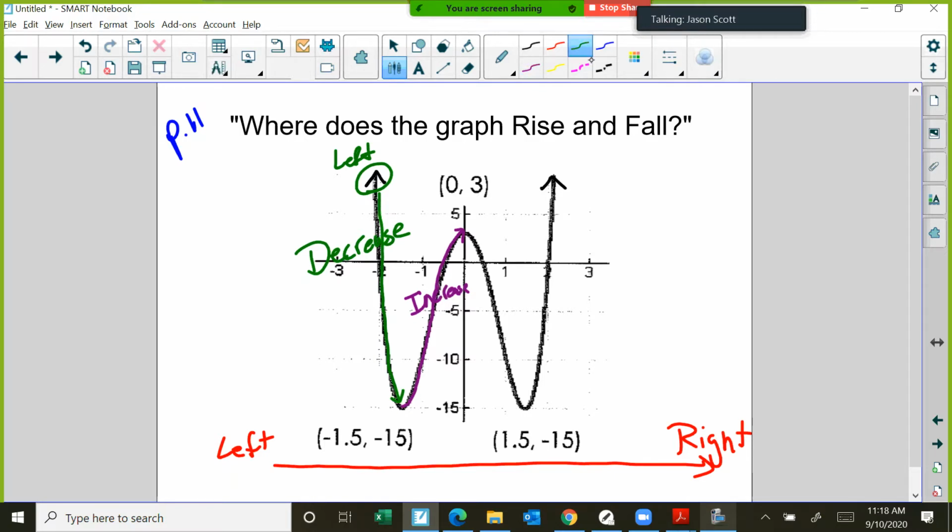We get up to the top at that maximum, and it changes direction again, and we're going down. So again, we have another decrease section of the graph. We get down to that minimum at 1.5, and it goes back up. So we have another increase section of the graph.